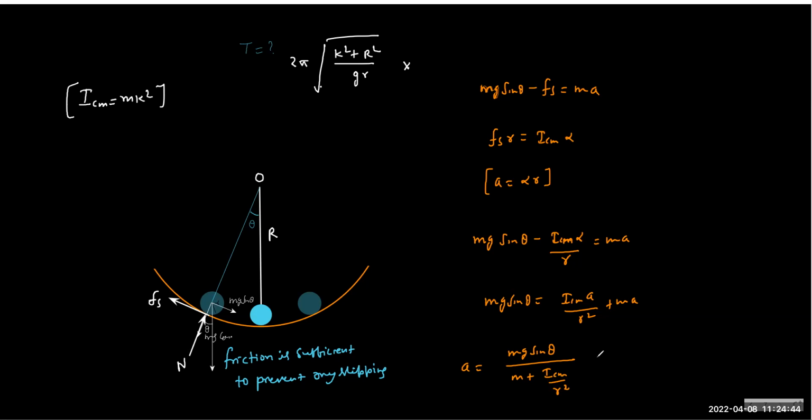g sin theta upon 1 plus ICM upon m r square. And you know ICM, this answer is known to us. It's k square by r square, right? So we are done.